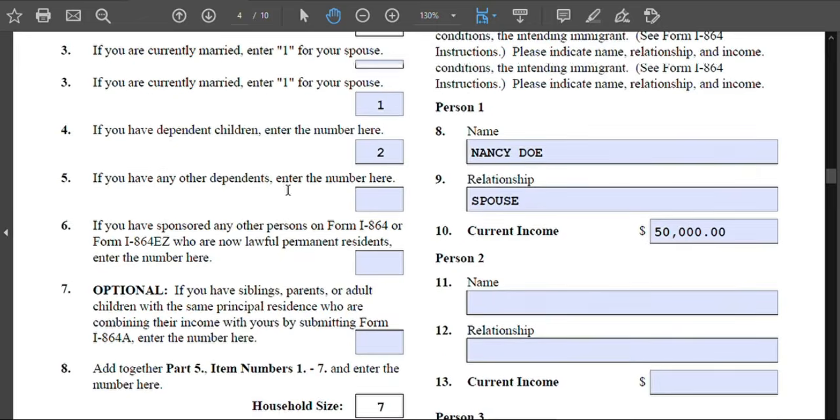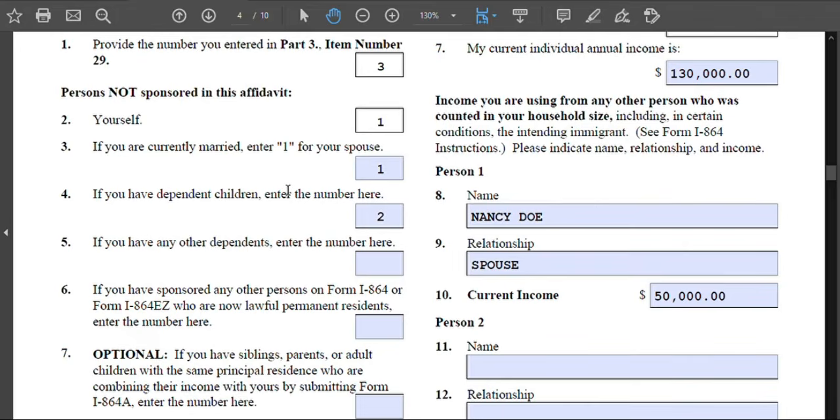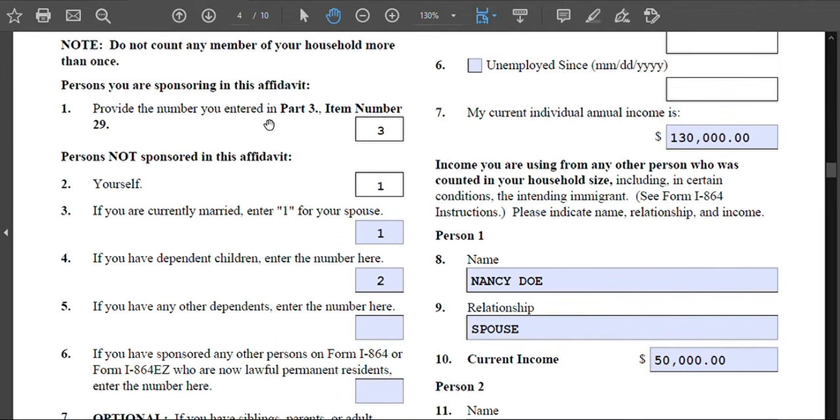For a lot of people, there's a glitch that will not update these numbers for them. So please make sure that you are using the actual Adobe Acrobat Reader application or program on your computer instead of editing this in an internet browser, because it will not work that way. So make sure that you're downloading these forms to your computers and filling them out this way.